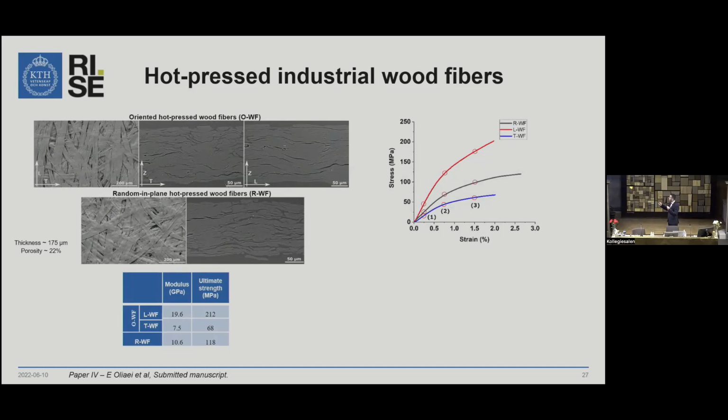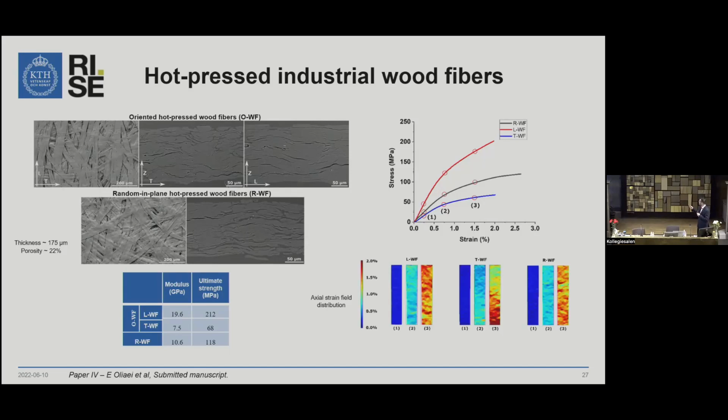In this plot, you see the tendency of the wood fiber orientation in the longitudinal direction. And we also measured the tensile properties of them. In the longitudinal direction, the modulus and the ultimate strength are pretty high, about 2.5 times more than the transverse direction. Modulus is about 20 gigapascal, and ultimate strength is about 210 megapascal.